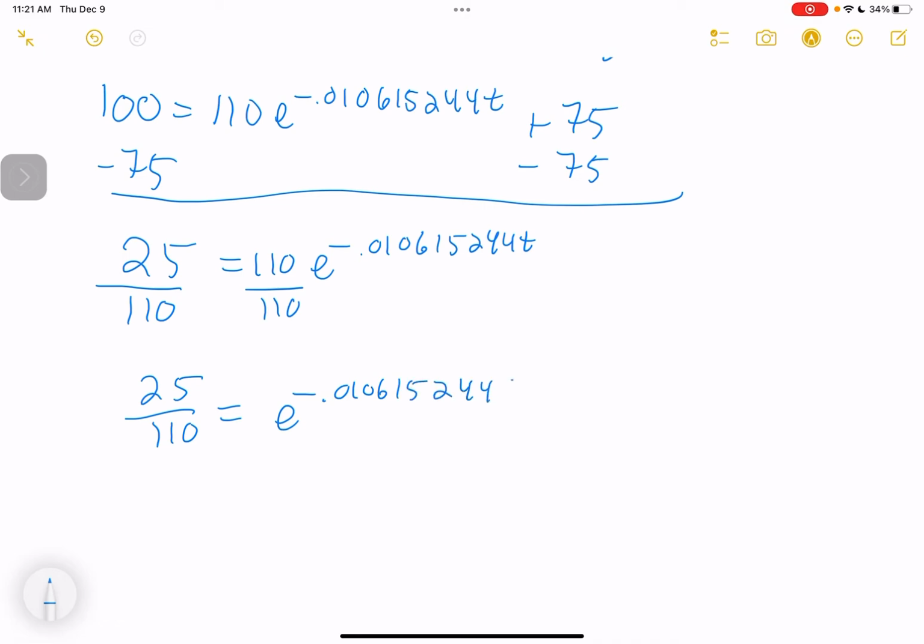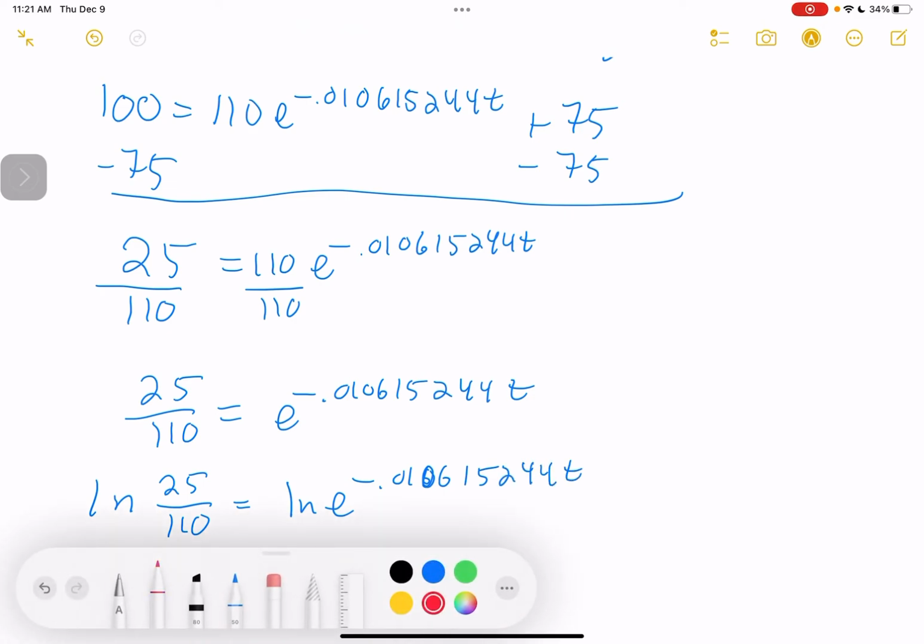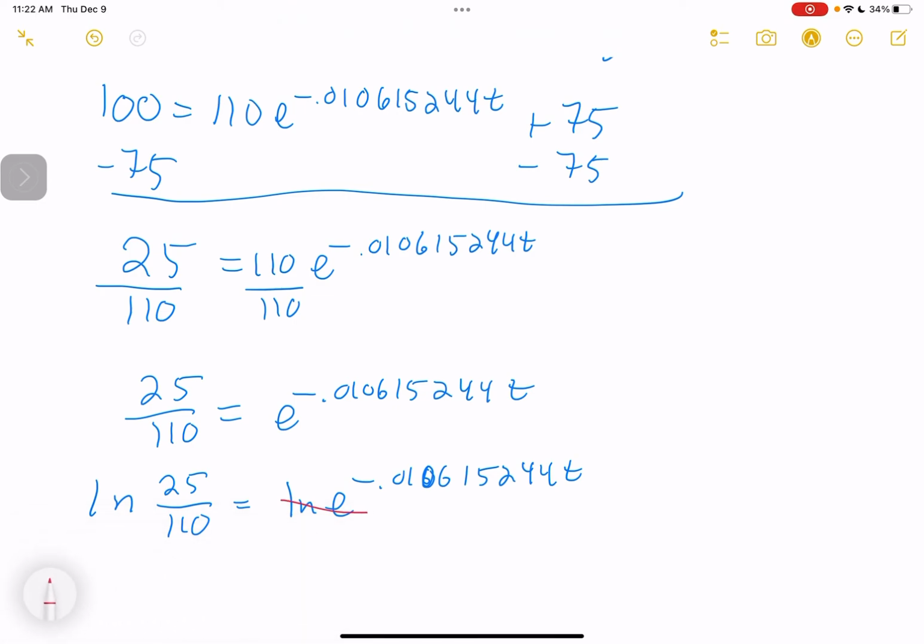Then same thing, it's a base e, so I'll do a natural log, because natural log is log base e. So 25 over 110 equals natural log of e to the negative 0.010615244 t. And that has the property of that kind of canceling.